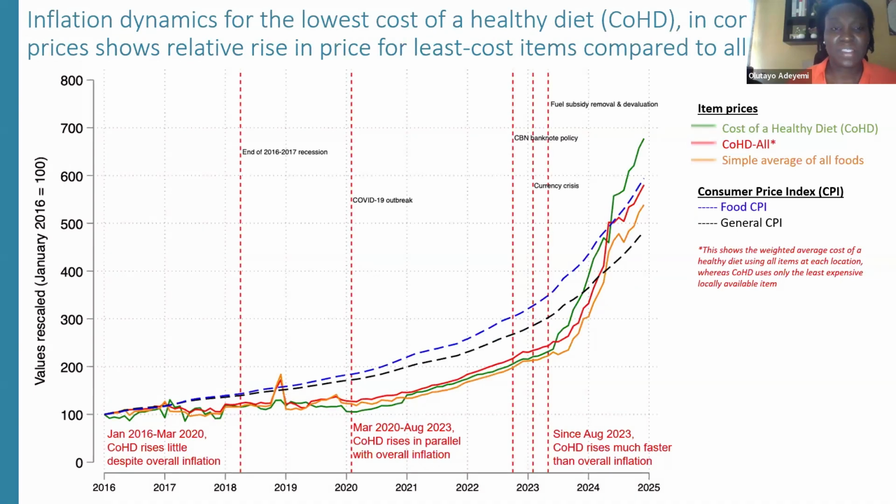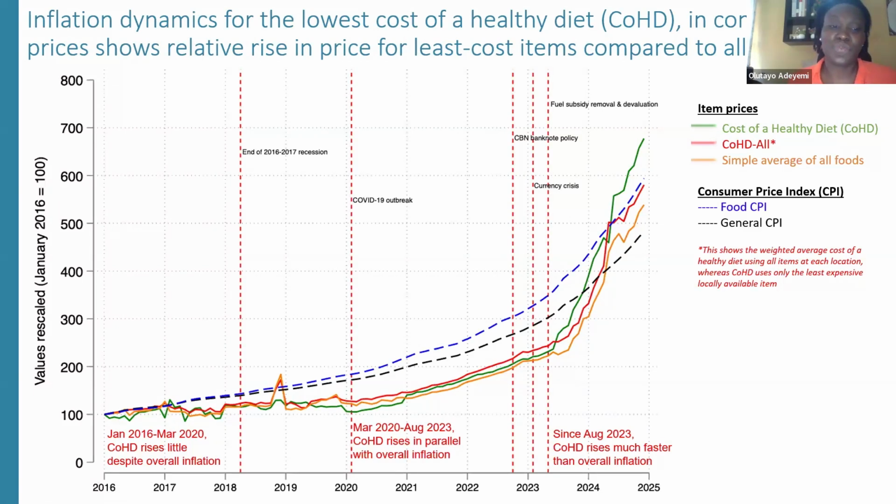And one of the things that analysis that was done was to compare the cost of a healthy diet to the food consumer price index and the general consumer price index.